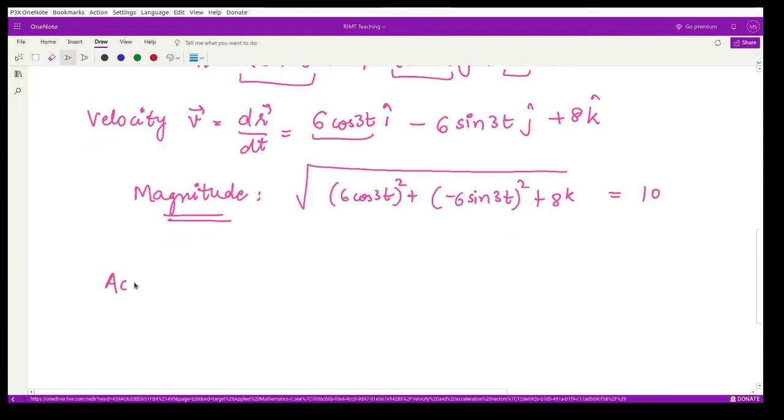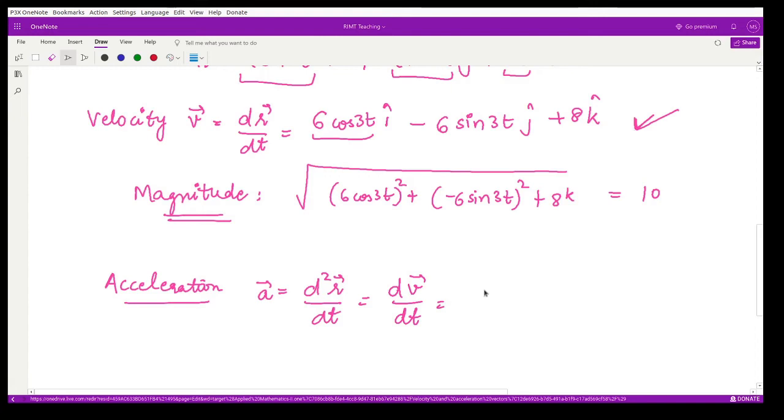Next we have to calculate the acceleration. So what is this acceleration? This is defined to be the double derivative of the r vector, or the first derivative of the velocity vector. Now you have this velocity vector, you just have to take its first derivative.